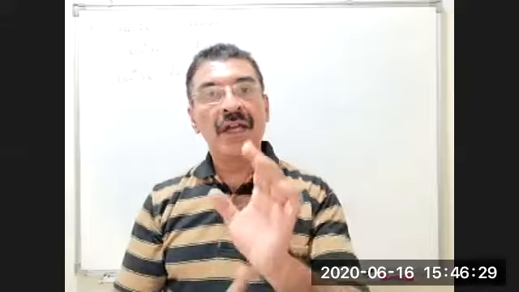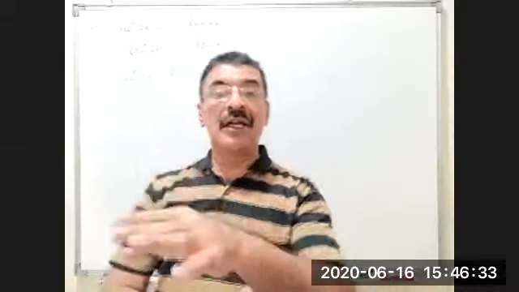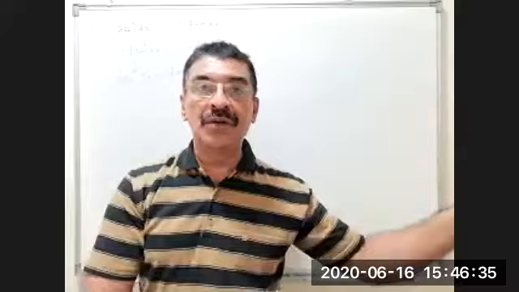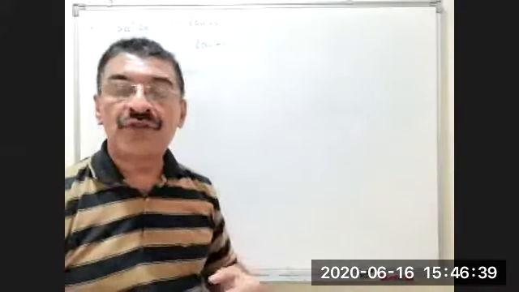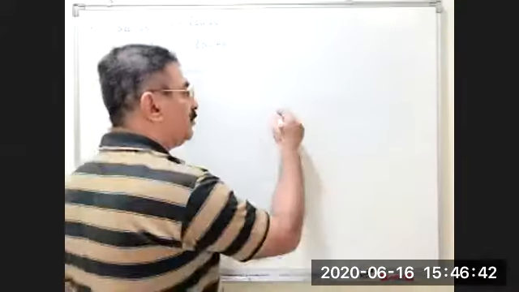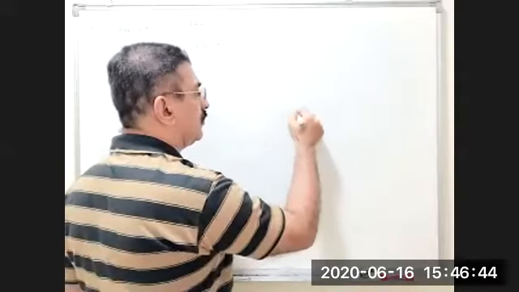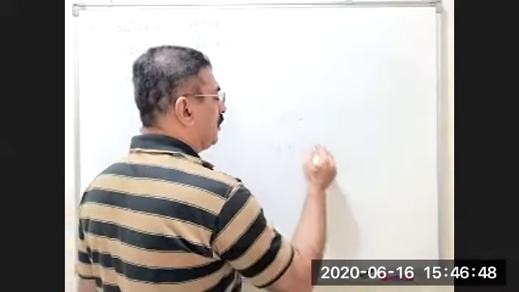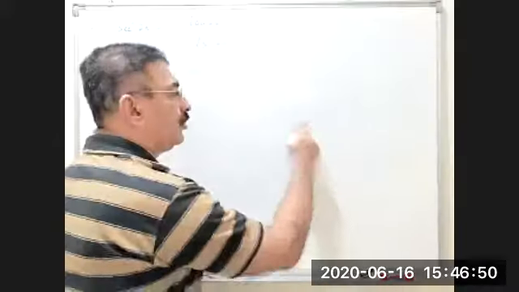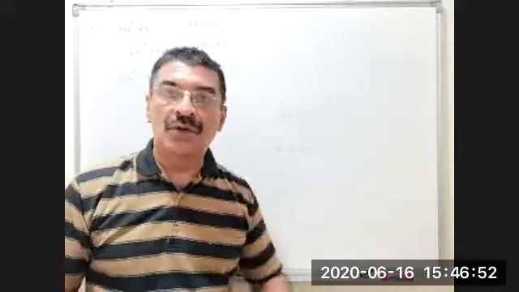If you write it as a product, then we can take a common factor. Not only that, if the product AB is 0, then we can write A is 0 or B is 0. Whereas if A plus B is 0, we cannot write A is 0 or B is 0.